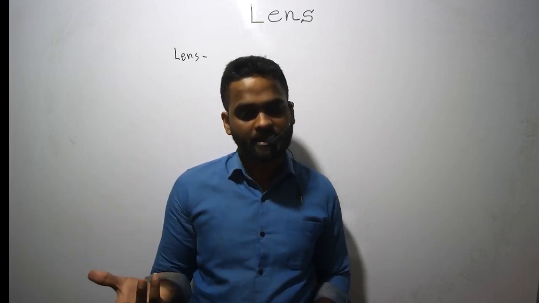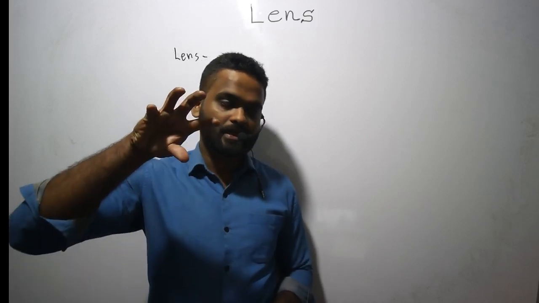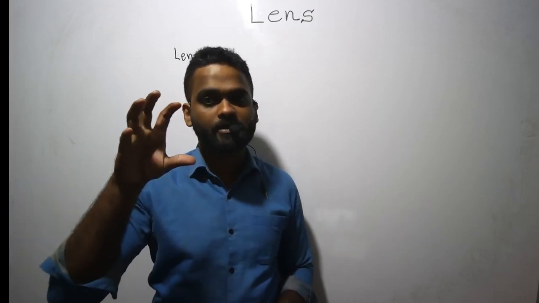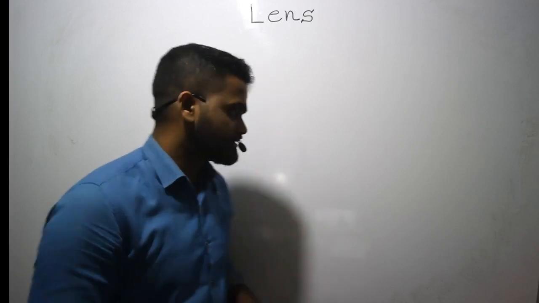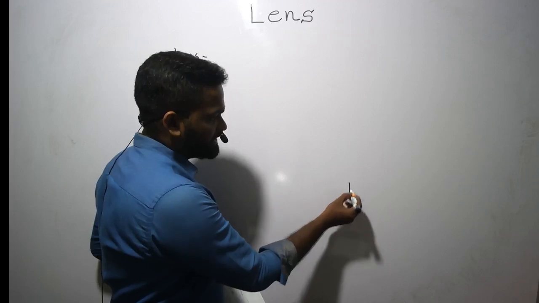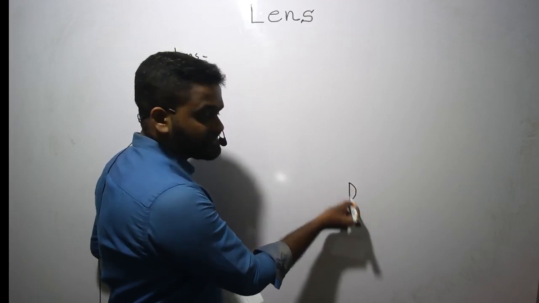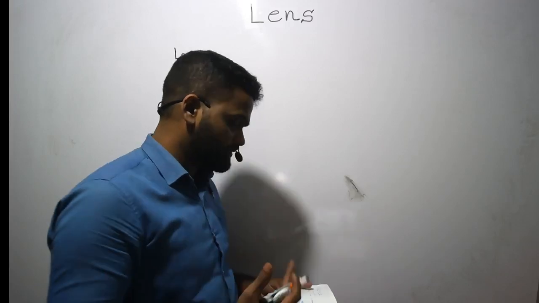Those are transparent mediums. So the lens must be made of a transparent medium, and there must be at least one curved surface. One curved means the other surface can be plane. Okay, that is what it means.